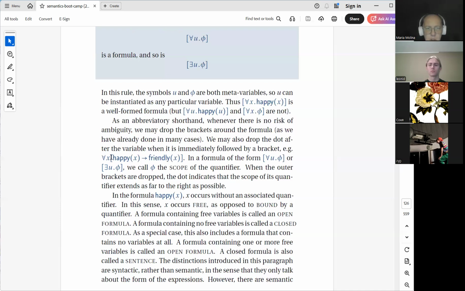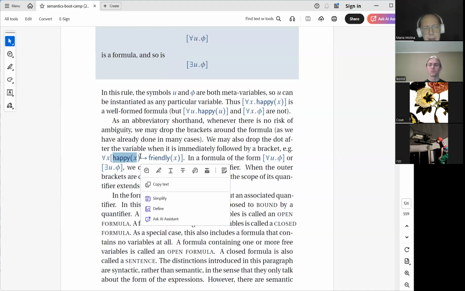For example: if x is happy, then x is friendly.